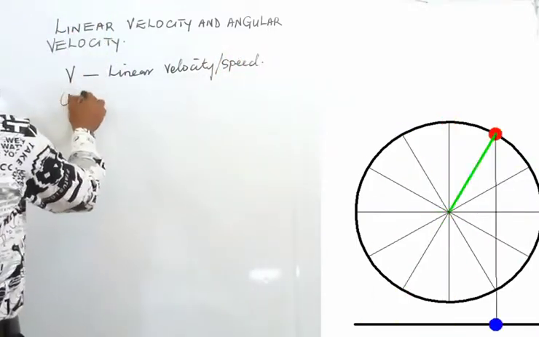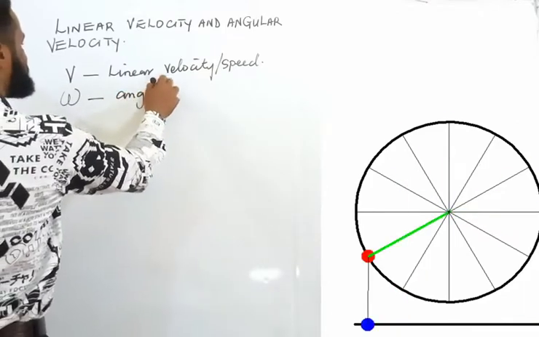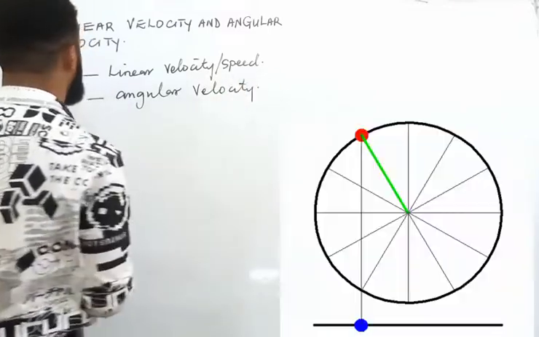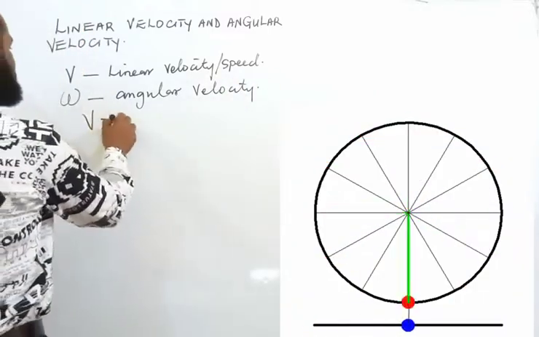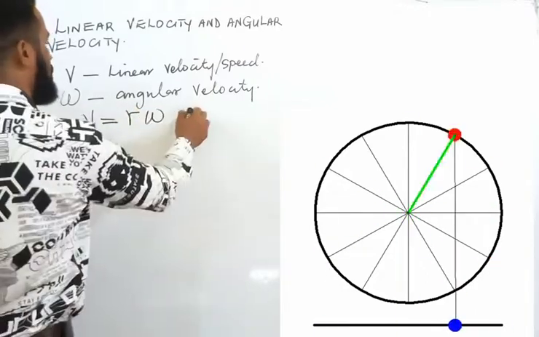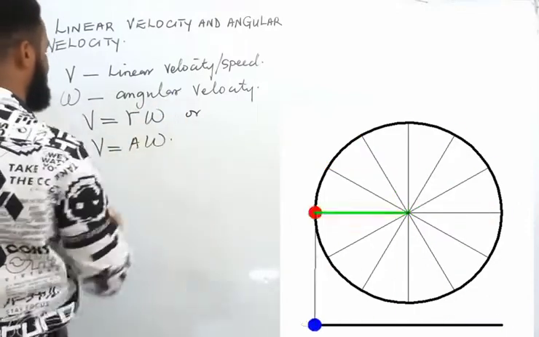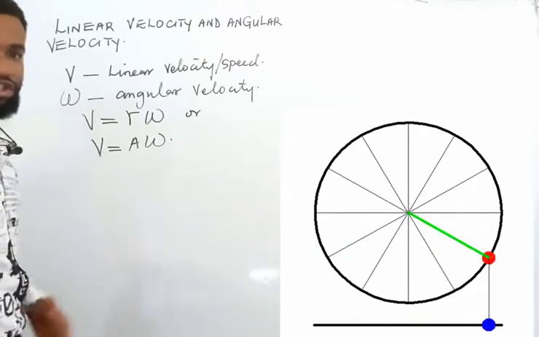Then when you see this symbol, it is given as angular velocity or angular speed. We are going to look at the relationship between them, which is given as v equal to r omega. So we are going to look at the relationship between these two.